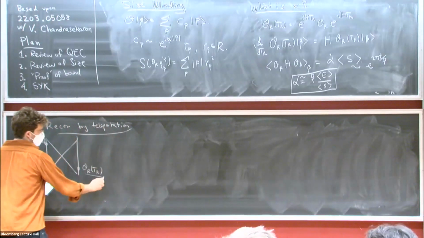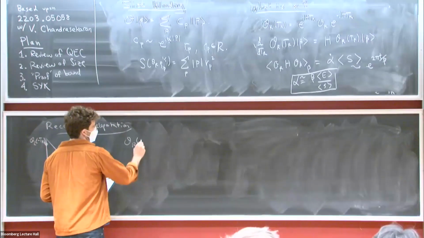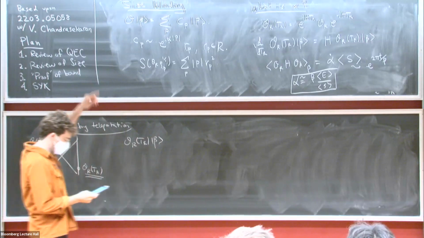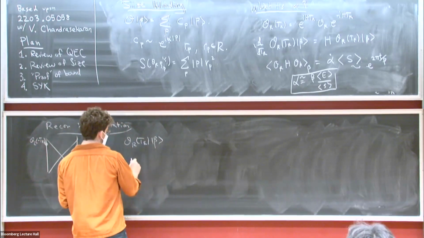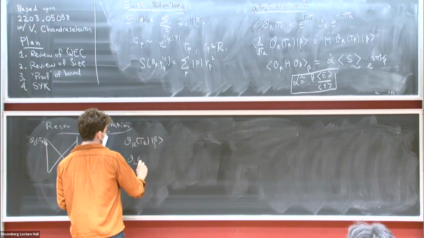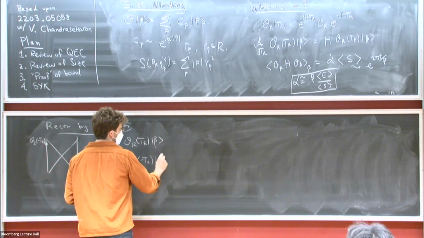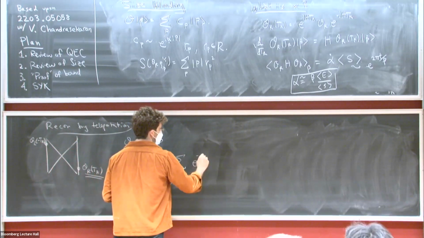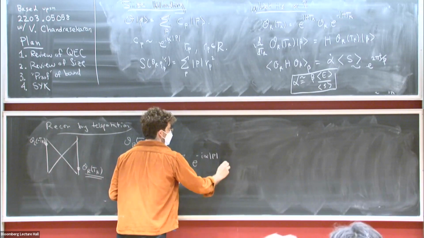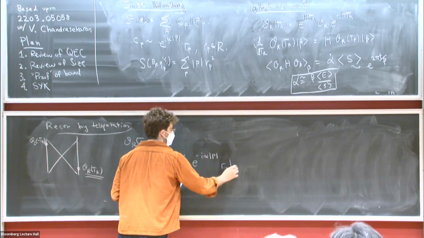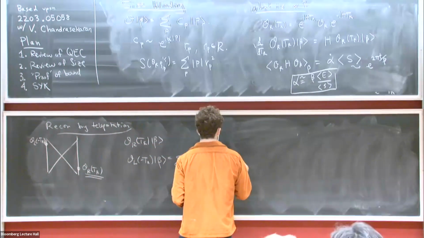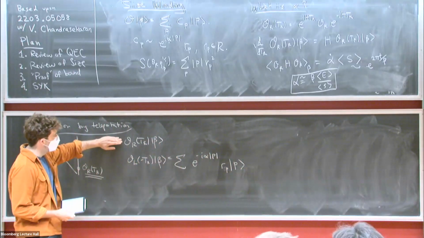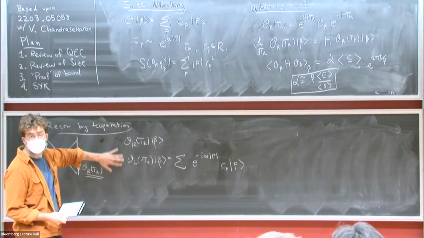And if this guy is size winding, meaning O_R(t_R) acting on beta has this nice form, then it's not hard to see that O_L(-t_R) is also size winding, but with the opposite phase. So it's e to the minus i alpha p_R P. So what that means is that if I wanted to turn the action of this operator into a left operator or vice versa, all I need to do is flip this phase.